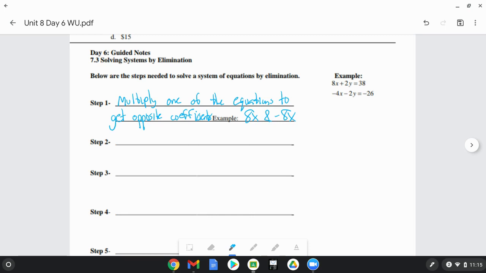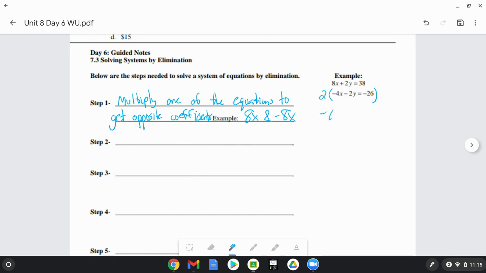So my first step then is I'm going to have to choose a number that I would need to multiply by in order to get a negative 8 on the bottom, since there's an 8 on the top. That way they're exact opposites of each other. I can come up with the number in my brain that I need to multiply negative 4 by in order to get negative 8. That would be a 2.